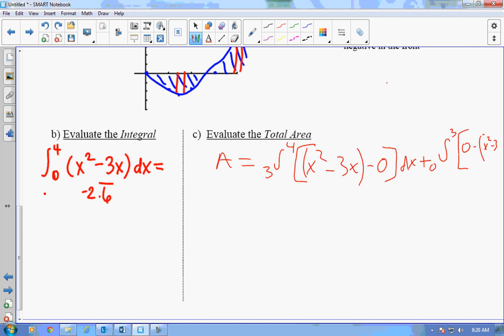I'm gonna have to write really small. Close it up, dx, right? Bracket dx.